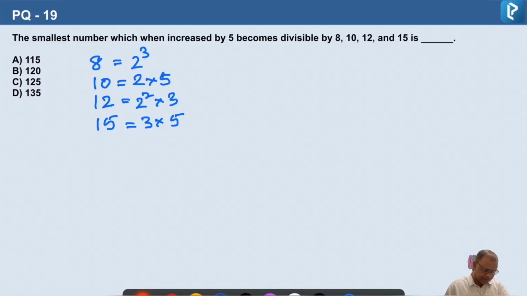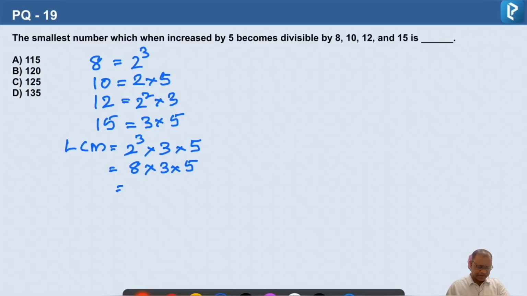So what are the highest powers? For 2, the highest power is 3, for 3 it is only 1, and for 5 it is only 1. So that is 8 into 3 into 5, 24 into 5 is 120. The LCM is 120.